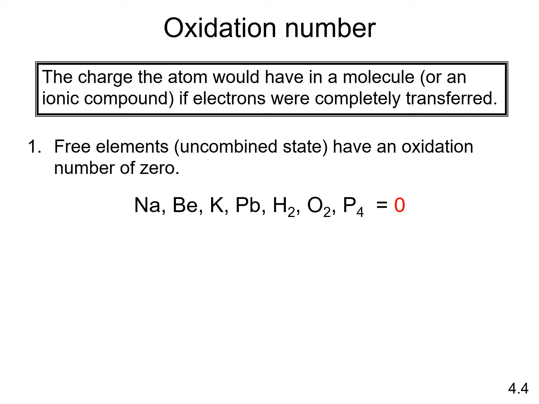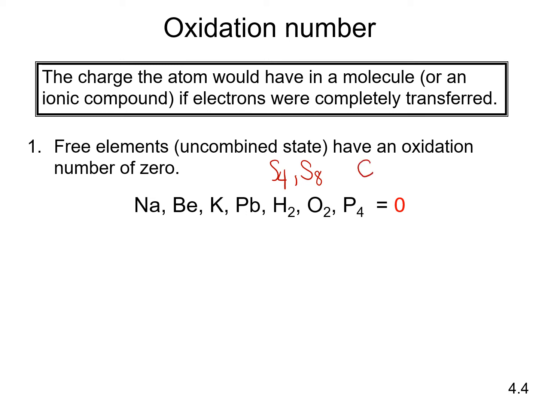And atoms in their natural form, like example element hydrogen, the natural form is H2. The element oxygen, the natural form is O2. P4 for phosphorus. There's even S8 for sulfur or S4. So we call this one allotropes, if you remember the term allotropes.